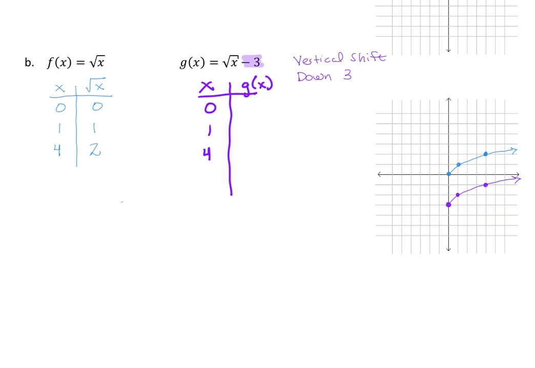If I plug in, the square root of 0 is 0, minus 3 is negative 3. The square root of 1 is 1, minus 3 is negative 2. And the square root of 4 is 2, minus 3 is negative 1.